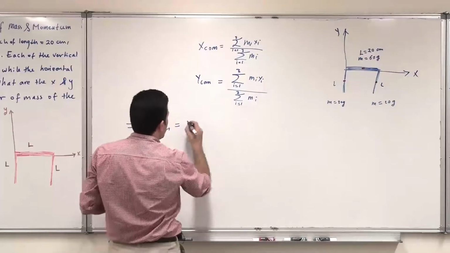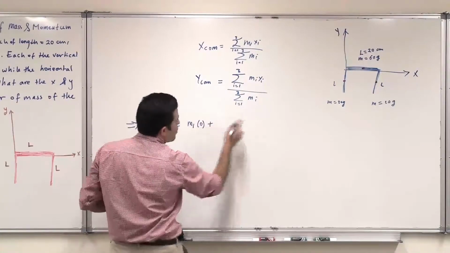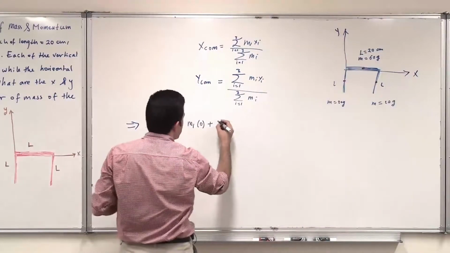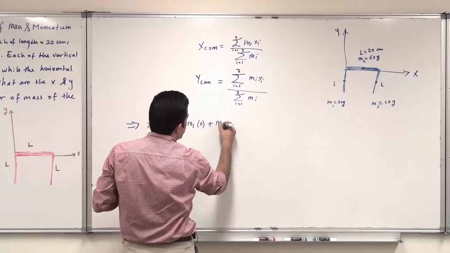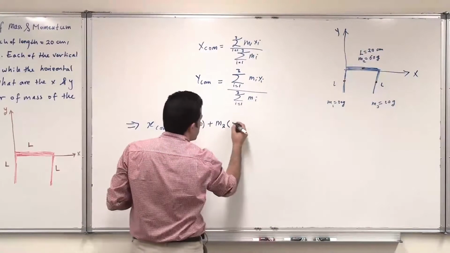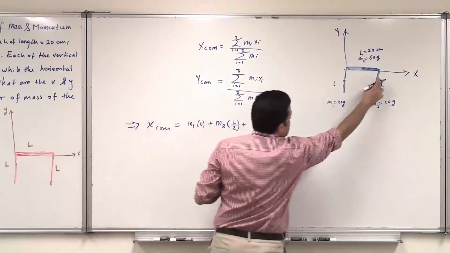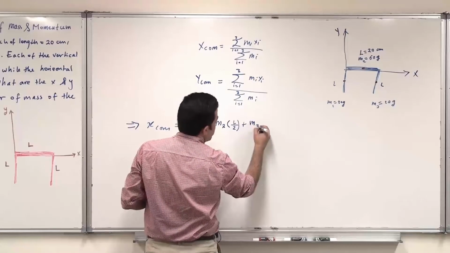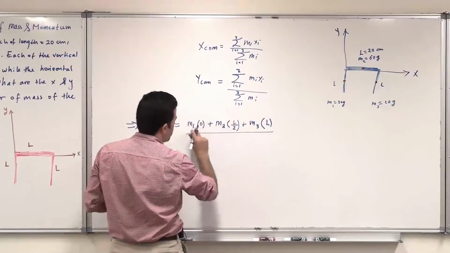So for the first one, the mass is m1 multiplied by 0, plus, for this one, m2, which is 60 grams, multiplied by the center of mass, which is half this length, L over 2, plus m3 multiplied by L, since its center of mass is located here on the x-axis.